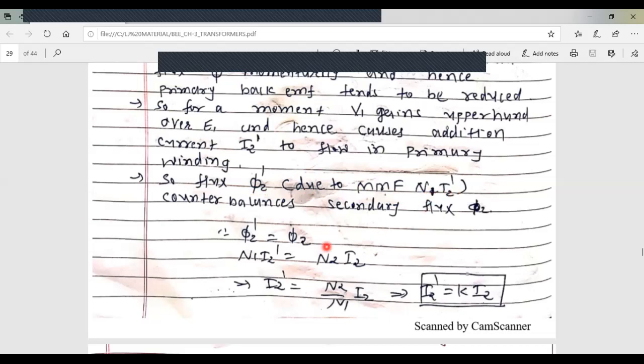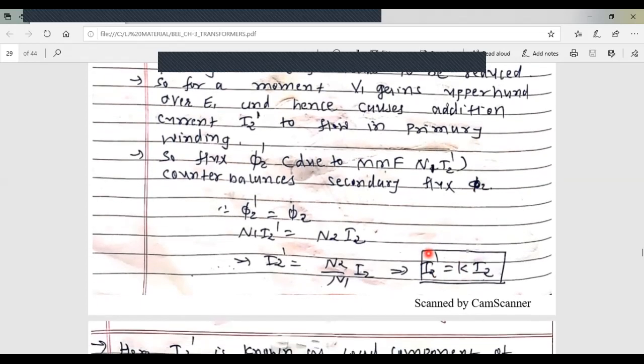But we know that both fluxes are equal but opposite in direction. Phi2 dash is equal to phi2 but in opposite direction. So here we have N1 I2 dash equals N2 I2. If we make I2 dash the subject, then we have N2 by N1 into I2. So I2 dash equals K I2.